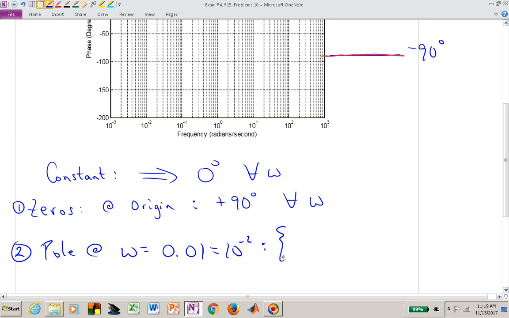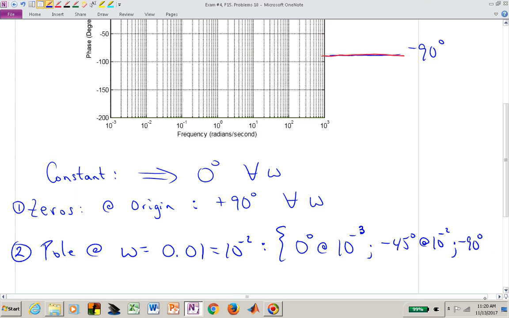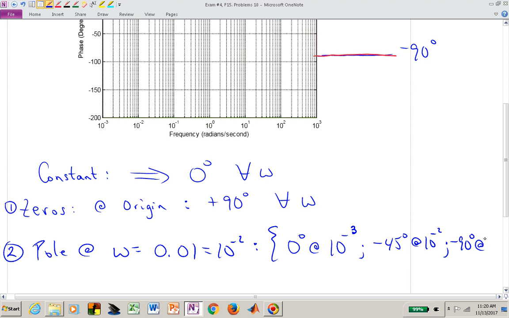For this one, I like to identify 3 different frequencies and 3 different values of angle. It's 0 degrees a decade before the break; the break is 10 to the minus 2, so a decade before that is 10 to the minus 3. It's a pole, so it's going to be going down. It's minus 45 degrees at the break, since it's only 1 pole, and it's minus 90 degrees at and beyond a decade higher in frequency than the break, which is 10 to the minus 1.